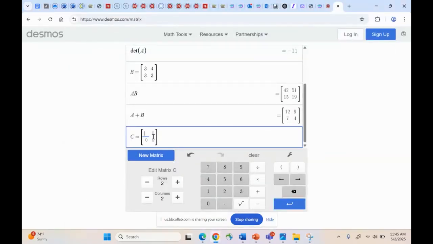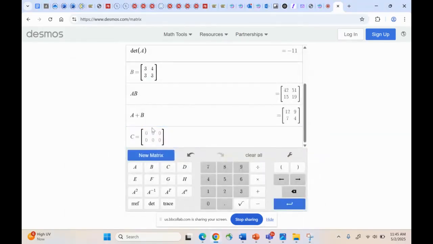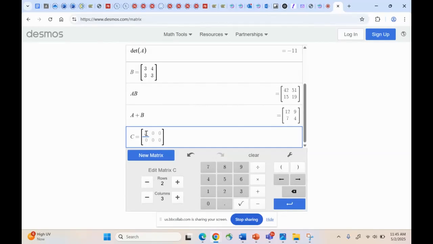Then let's create a new matrix with 2 rows and 3 columns. We enter 3, -2, and 8, and 1, 3, and 7. So that's your matrix.